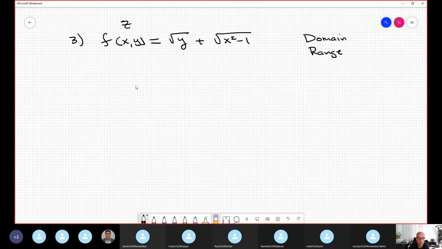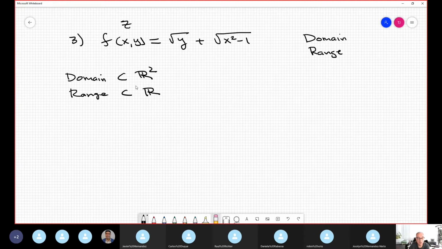So you see, the domain is a subset of R2, and the range is a subset of R. Now the dimension for the domain is 2 because it's xy, two independent variables, and the dimension for the range is only 1 variable because it's just z, no?